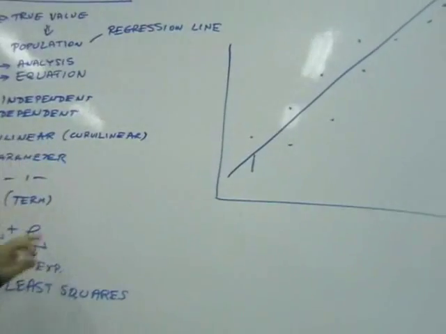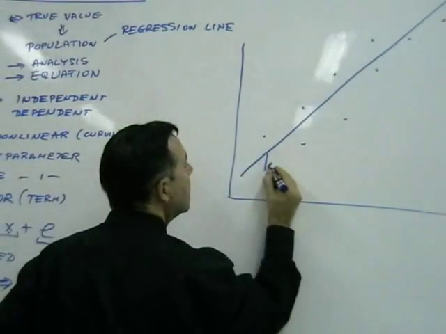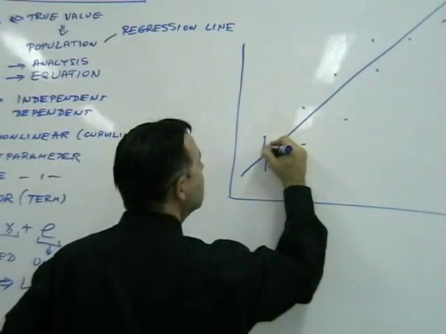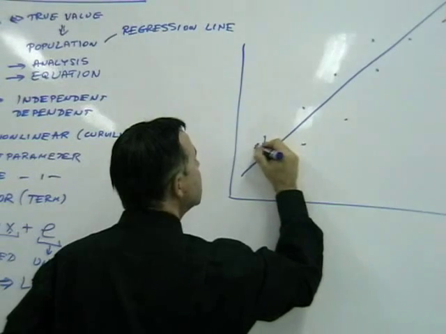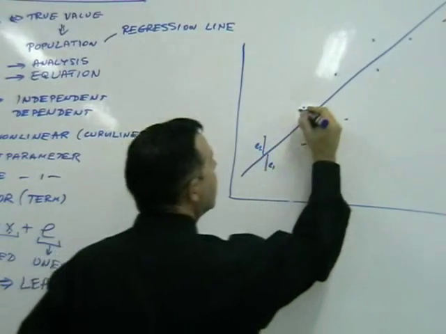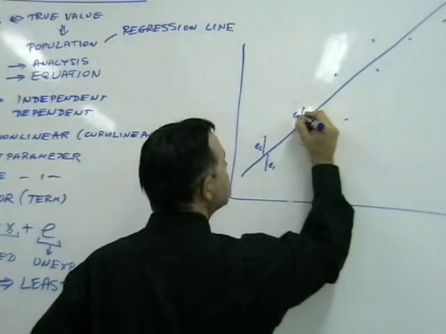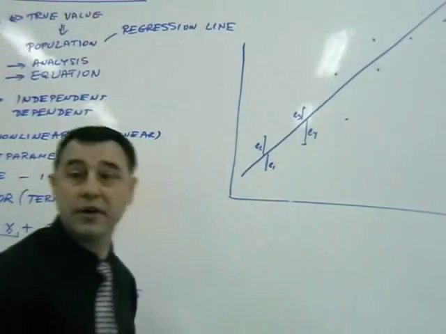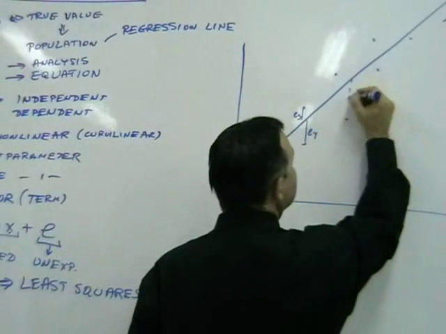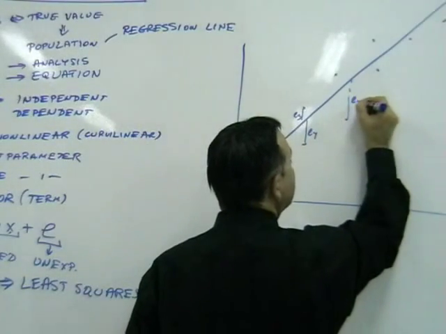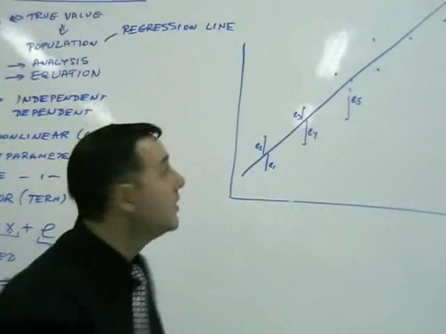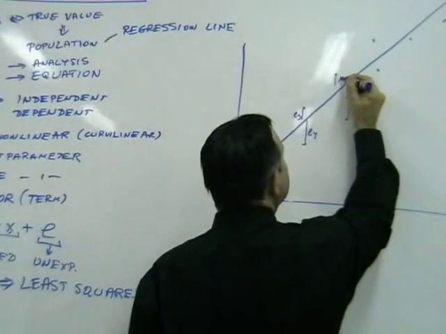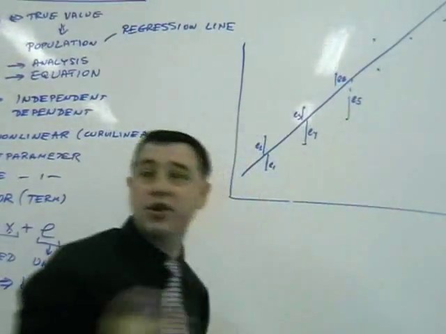This is E1. Then this represents E2. Then this represents E3, then E4, E5, E6, right? Is that good enough?